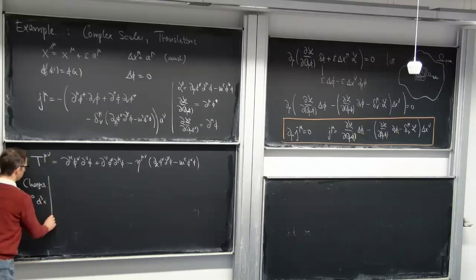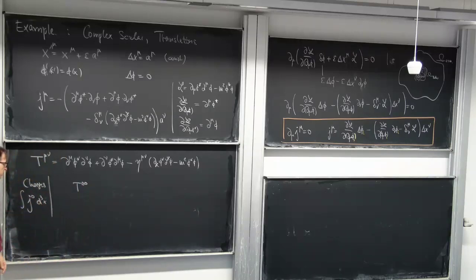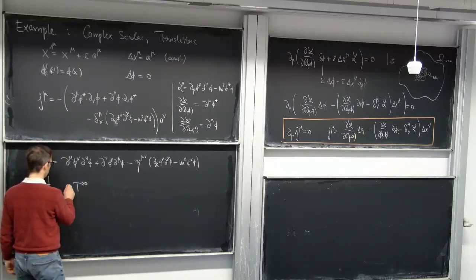And the one where this is the 0, it's the energy. So my D00 is the energy before integration. So it's the energy density. Let's just write it as the energy. Energy is H. Hamiltonian is the energy.